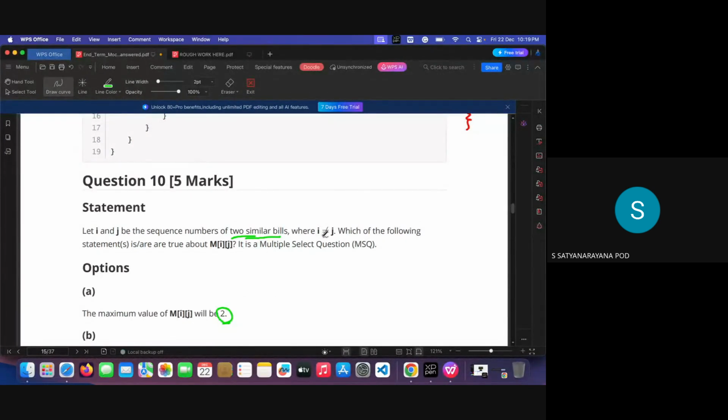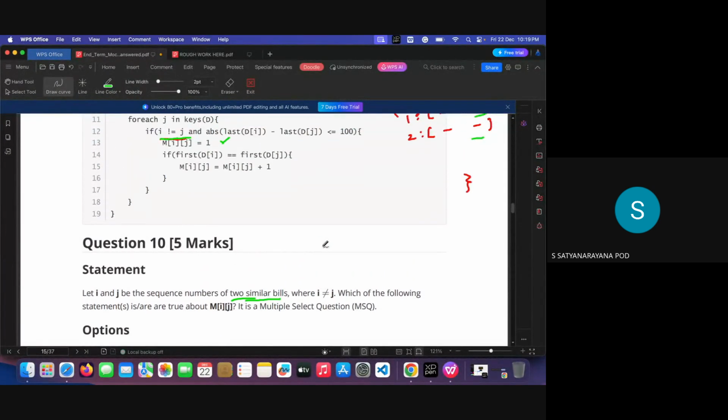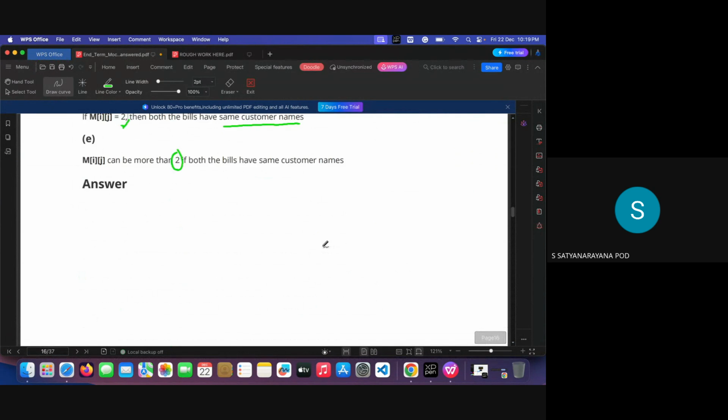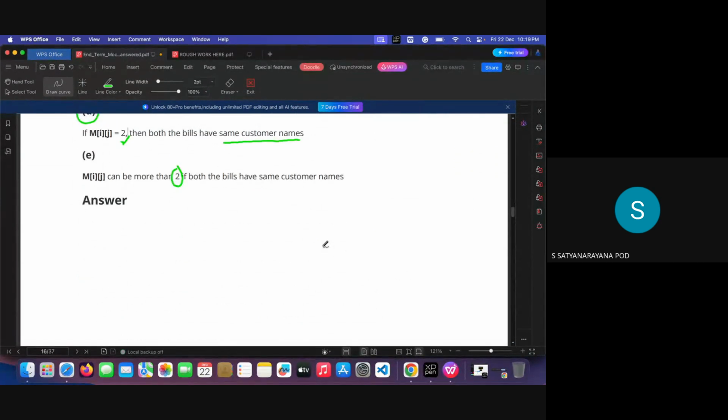Whenever they say two similar bills, the maximum value is 2 only. More than 2 is impossible. So the right options are A, C and D.